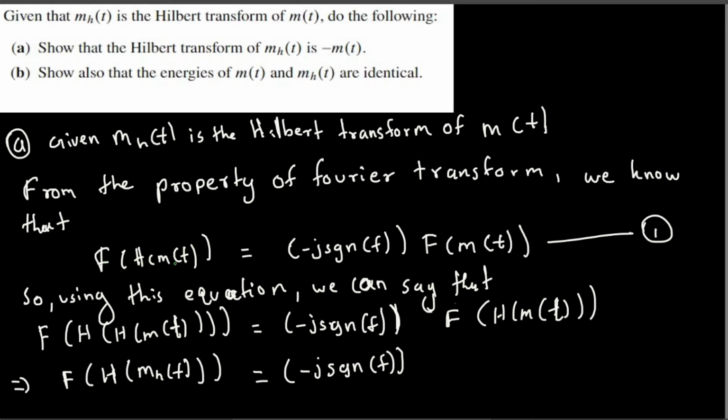The Fourier transform of the Hilbert transform of M of T can be written as minus J sine of F times the Fourier transform of M of T. So instead of this one, I'm going to replace that with this. So this is going to be minus J sine of F, multiplied by F of M of T.